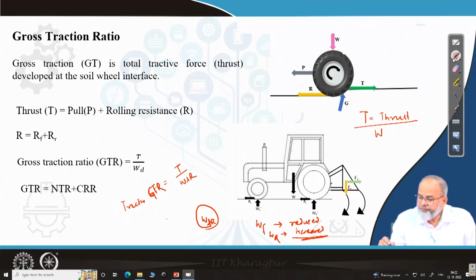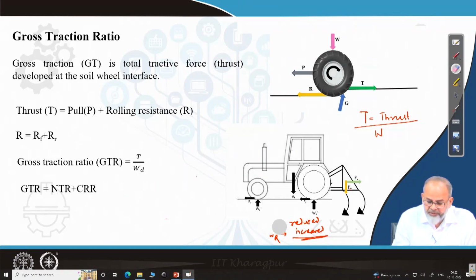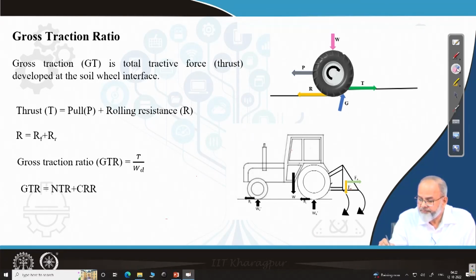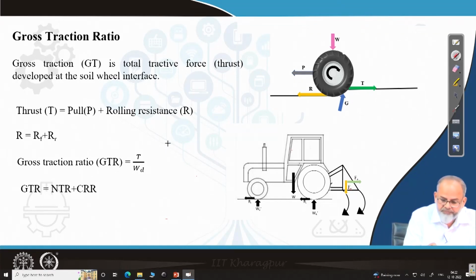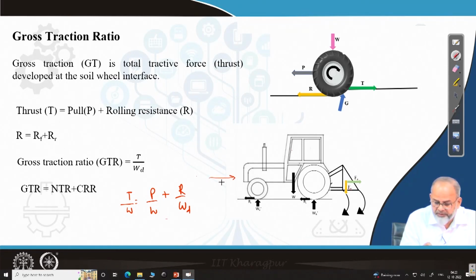Okay, and we know that thrust is equal to your pull plus the rolling resistance. So, that means pull plus rolling resistance will be equal to thrust. Now, if I divide W throughout the equation, T by W, P by W and R by W. This W is the dynamic weight if we are talking about tractor. So, then this ratio is called coefficient of gross traction.